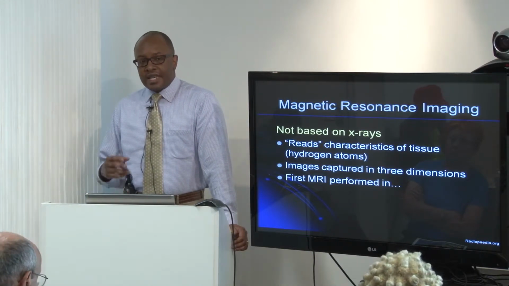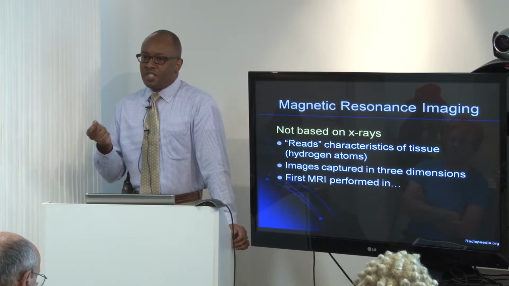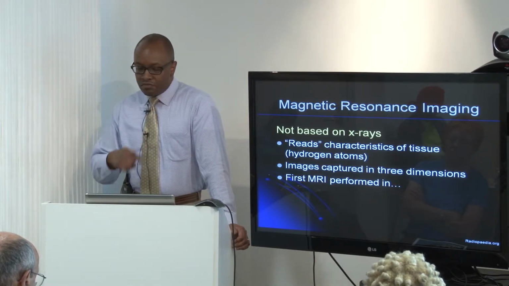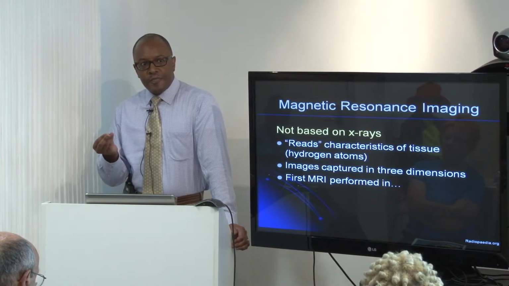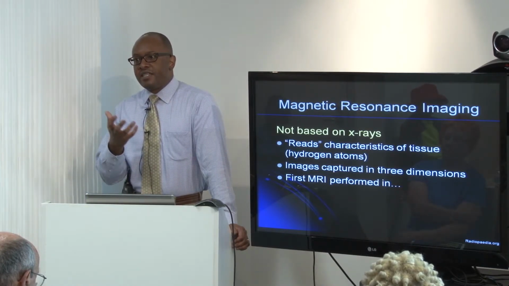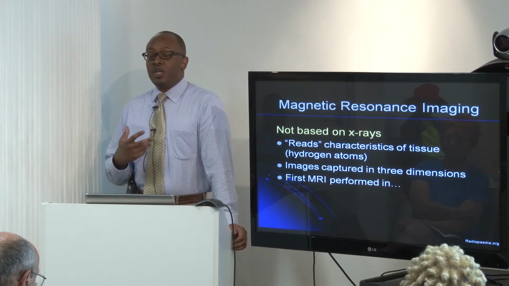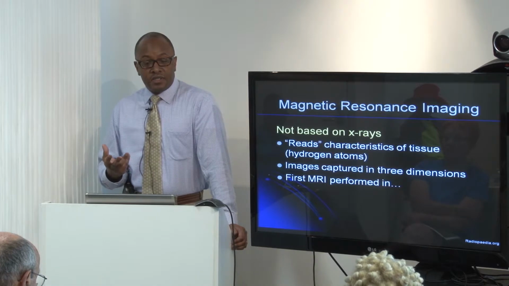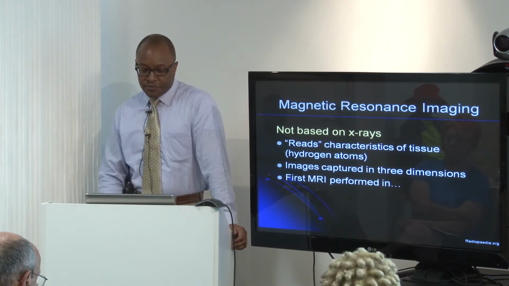What it does is, in a way, read the characteristics of the tissue. Almost all the tissues in the body have hydrogen in them, and the hydrogen acts differently depending on what kind of tissue it's in. Basically, we use that property to give us images of where these hydrogen atoms are.